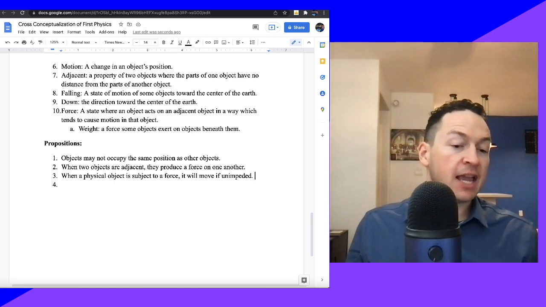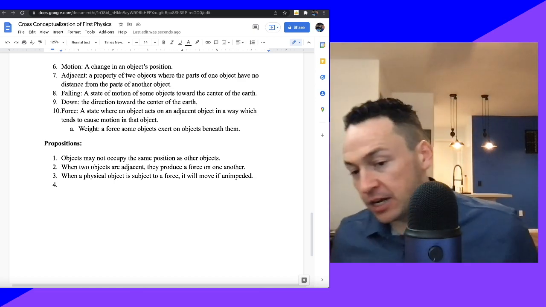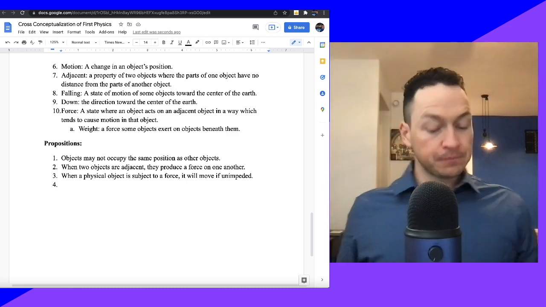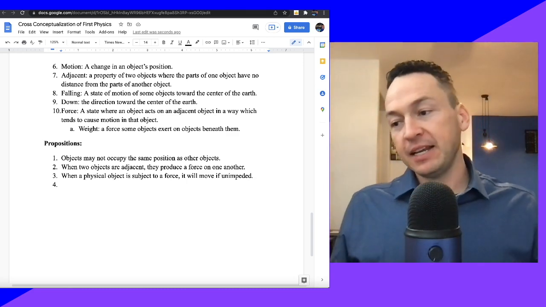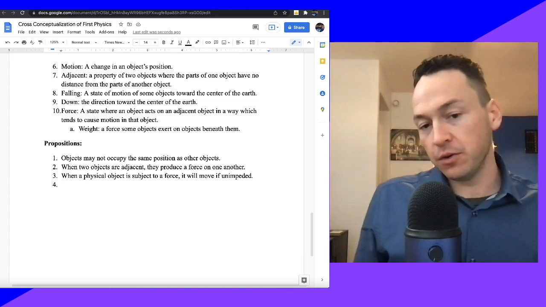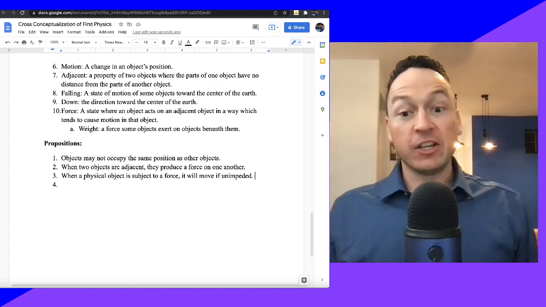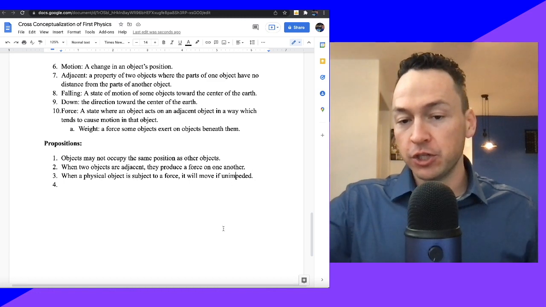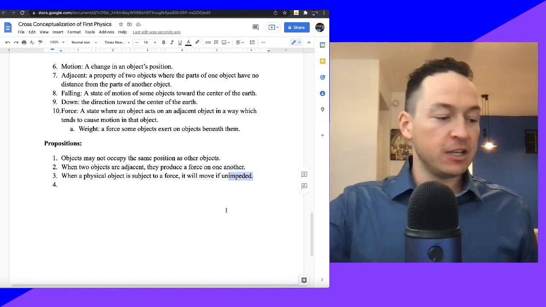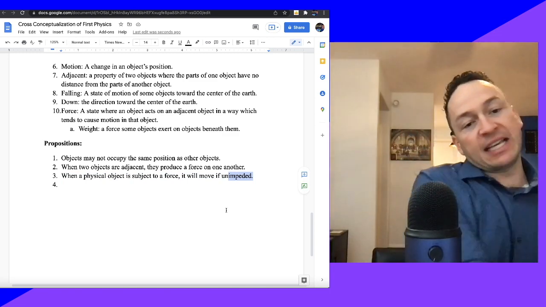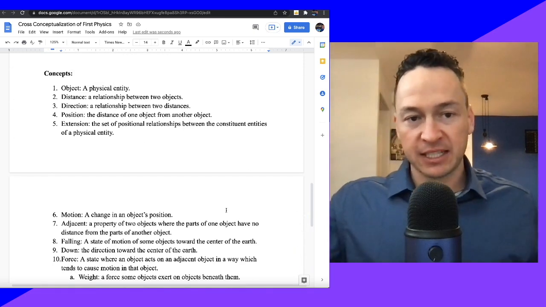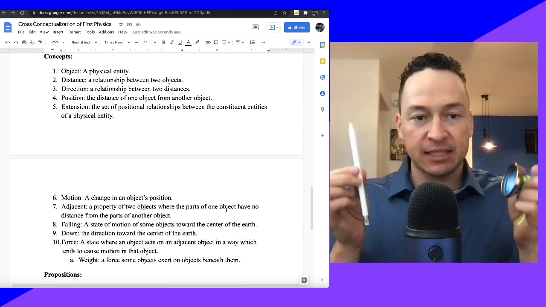I think this is a good initial generalization. So it'll move if other objects aren't in the way. Okay, so here's the deal. We just used the word unimpeded. So what's impeded? Impeded is when one thing is in the way of another thing. Okay, and that gets us to the whole idea that two objects can't occupy the same location.